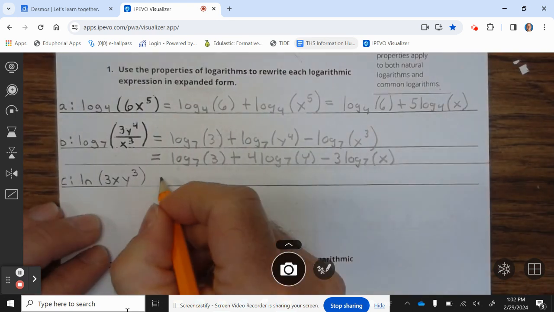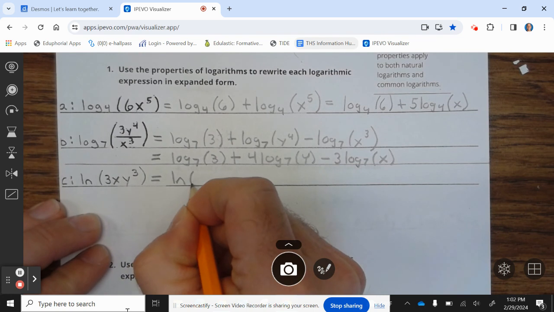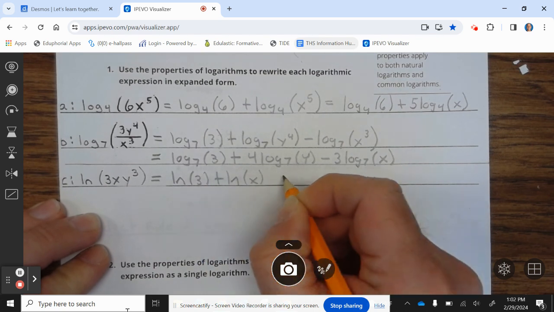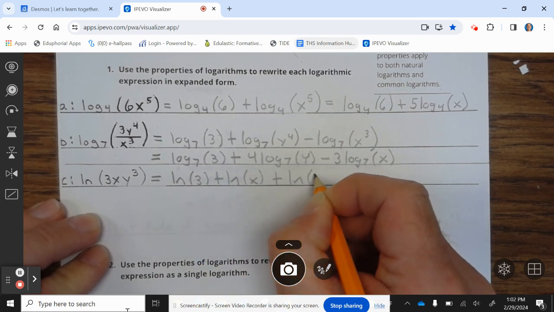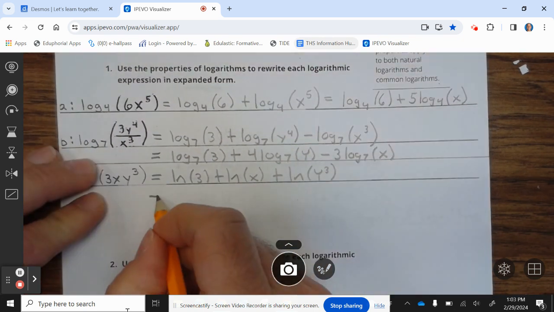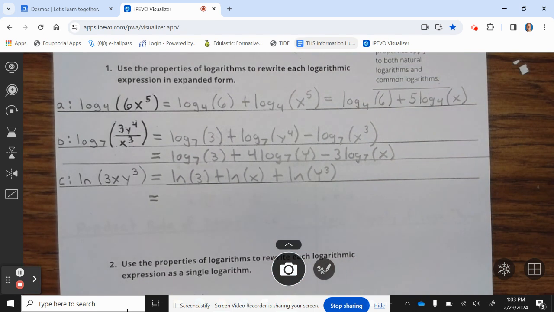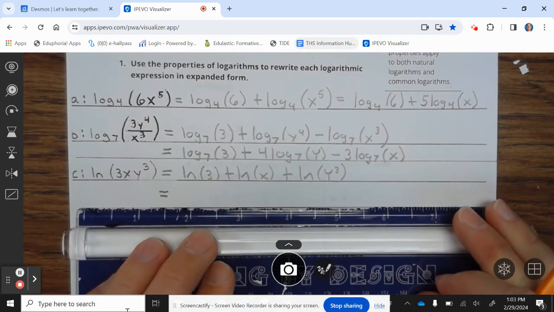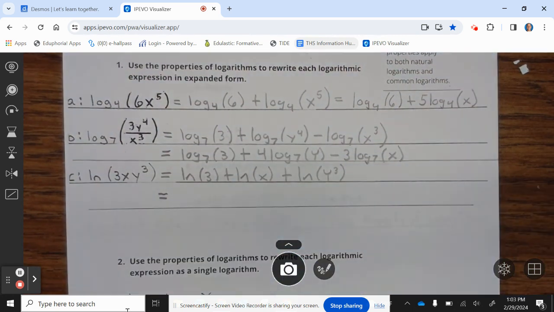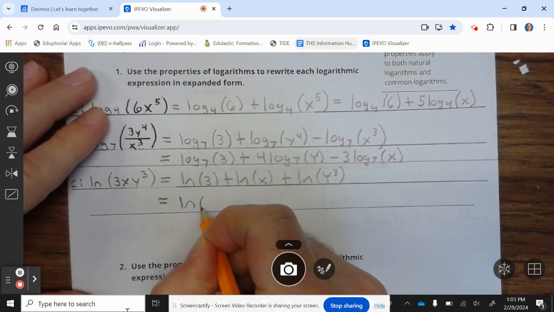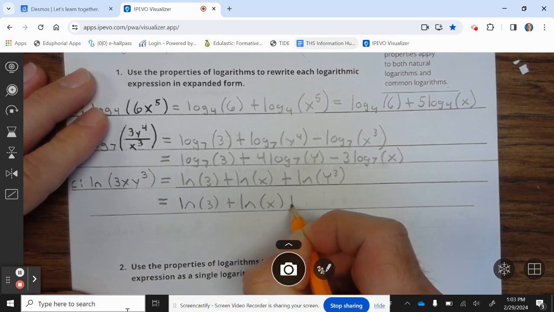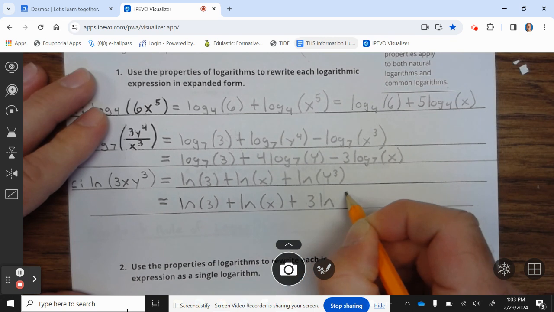All right, C becomes ln of 3 plus ln of x plus ln of y cubed, which equals ln of 3 plus ln of x plus 3 ln of y.